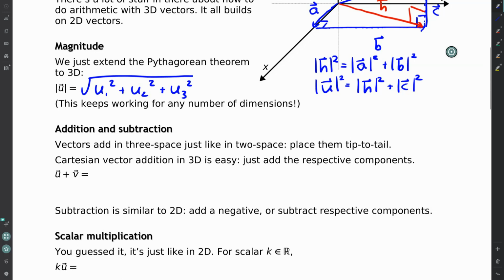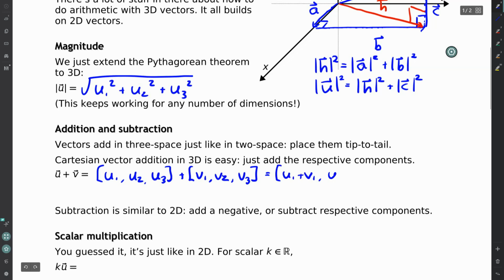So if we have vector u, (u1, u2, u3), plus vector v, (v1, v2, v3), we just add the components like in 2 dimensions. So u1 plus v1, u2 plus v2, and u3 plus v3.